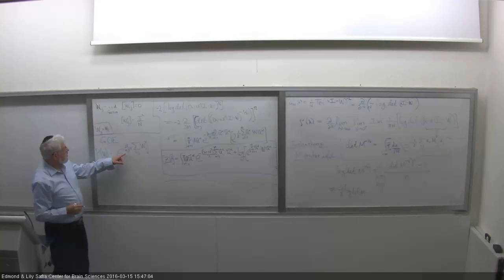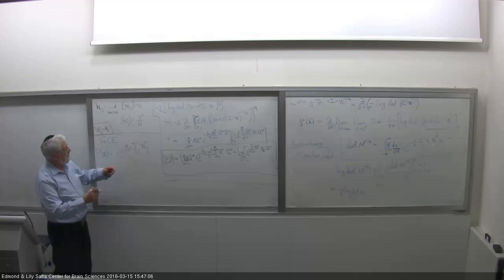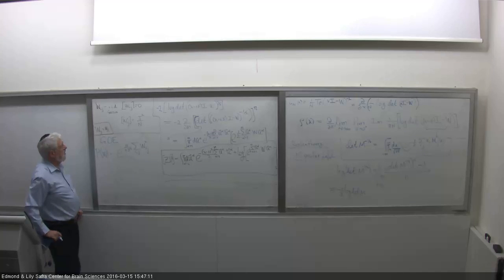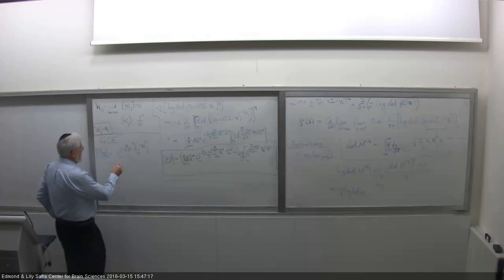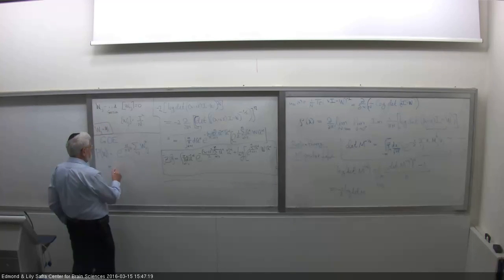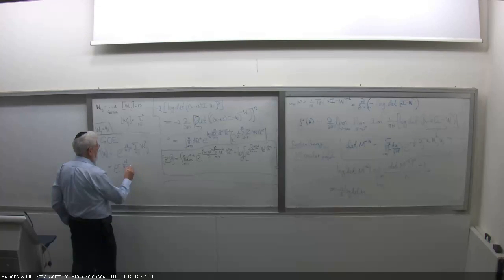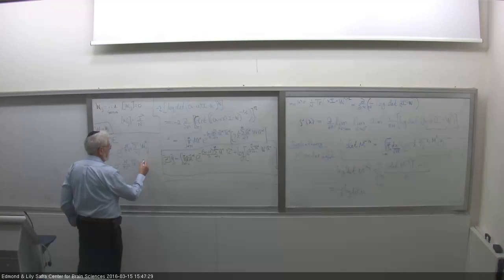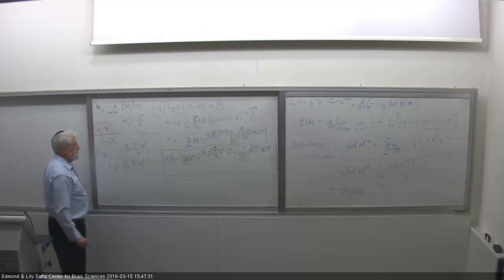Why 4? Because I doubled the sum over i less than j and i larger than j, so I corrected it by 4. So this is the measure on the matrix W. I can also write it as e to the minus n over 4J squared times the trace of W squared. W is symmetric, so W transpose W doesn't matter.